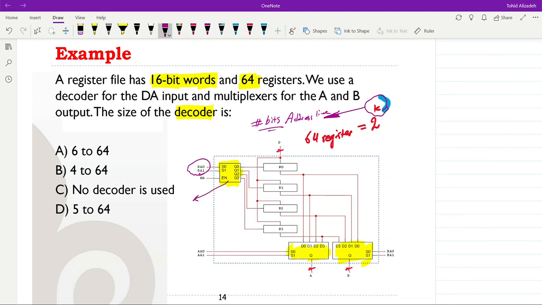Okay, so indeed k will be the number of the inputs to the decoder, apart from the enable, of course.